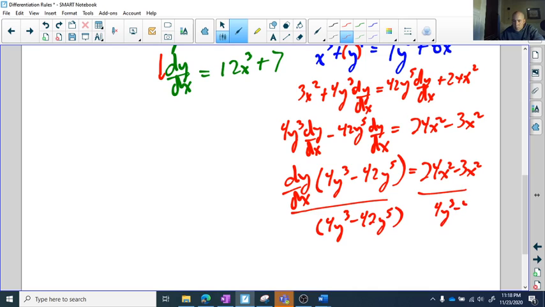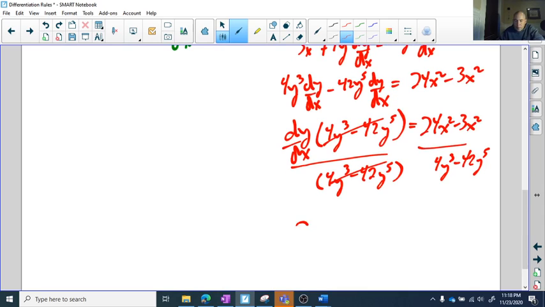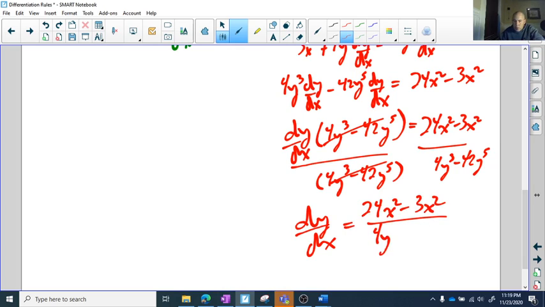This, we'll get rid of this. And now we will have what we're looking for. dy dx is 24x squared minus 3x squared divided by 4y cubed minus 42y to the 5th.